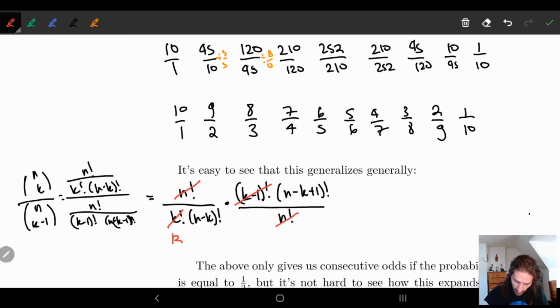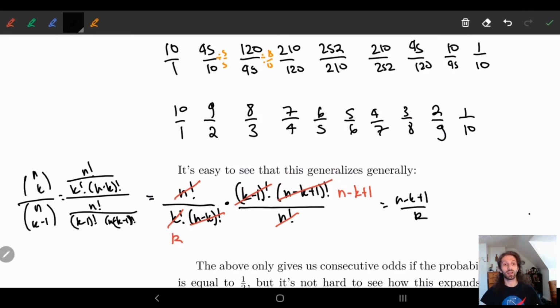And this n minus k factorial will remove everything except for one of these. So we get n minus k plus 1. And so we're left with n minus k plus 1 over k. And so we get a super nice formula for something that looked complicated before. This formula is literally what's happening here.